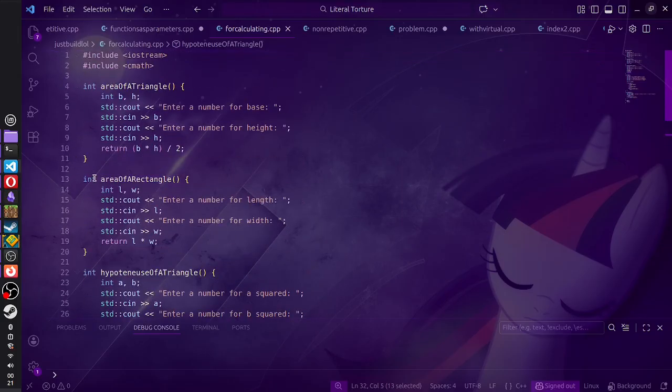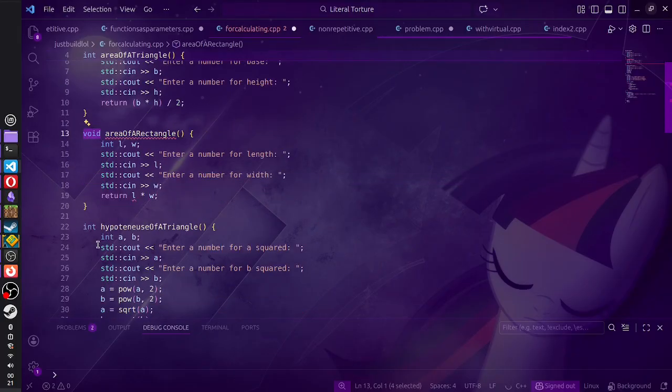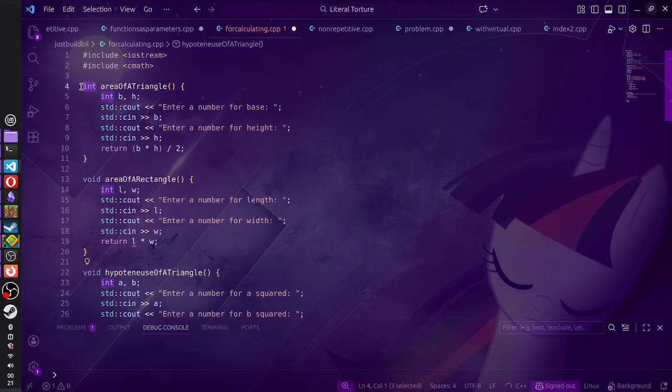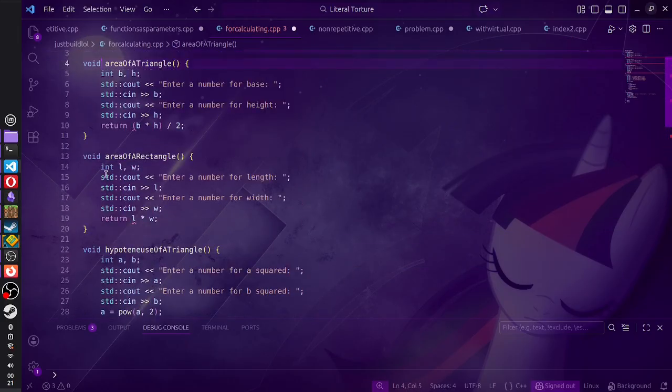Just voids. Just go for void. Straight up void, and then forget the return statements and go for standard out statements.